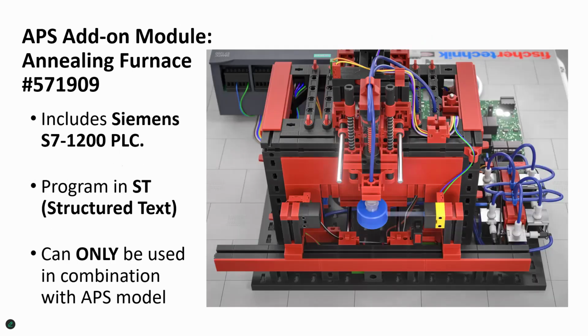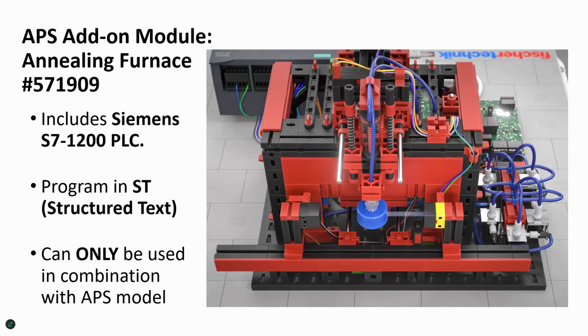Now, the module, like most of the modules of the APS, again includes its own Siemens S7-1200 PLC, which has been pre-programmed in structured text. As an FYI, the annealing furnace module has dimensions of approximately 22.5 by 15 by 9 inches, and it has a weight on its own of about 10 pounds.